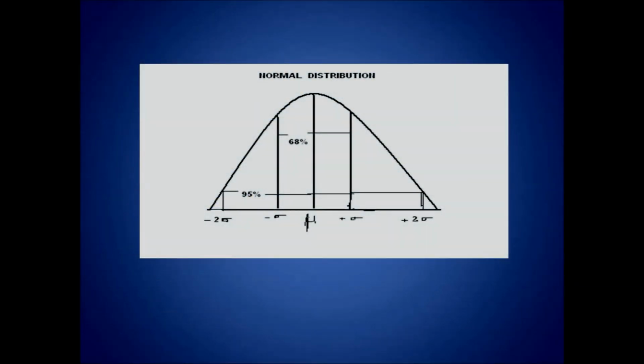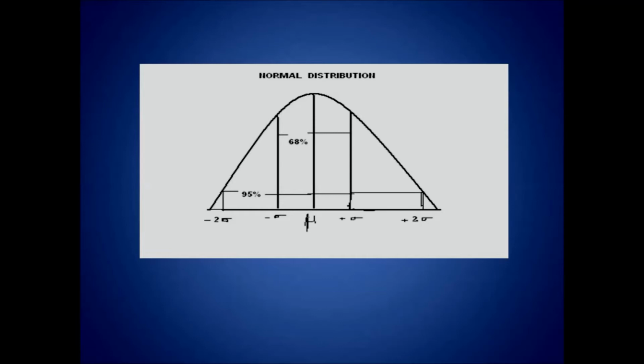This is the normal distribution curve. The population is expressed in the form of a normal distribution curve. Here you can see mu; mu means the average of the population. This is sigma, which indicates standard deviation. This is the plus side, this is the minus side.